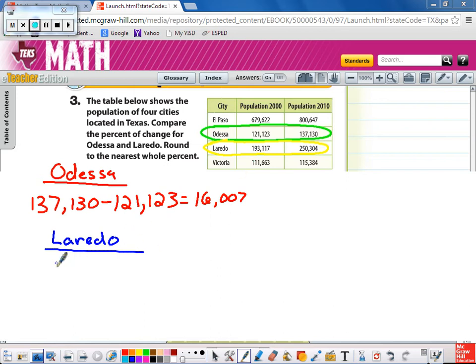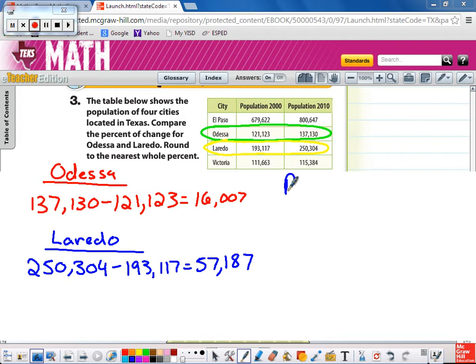I'm going to take 250,304 and subtract 193,117. When I subtract those two numbers, I am left with 57,187.